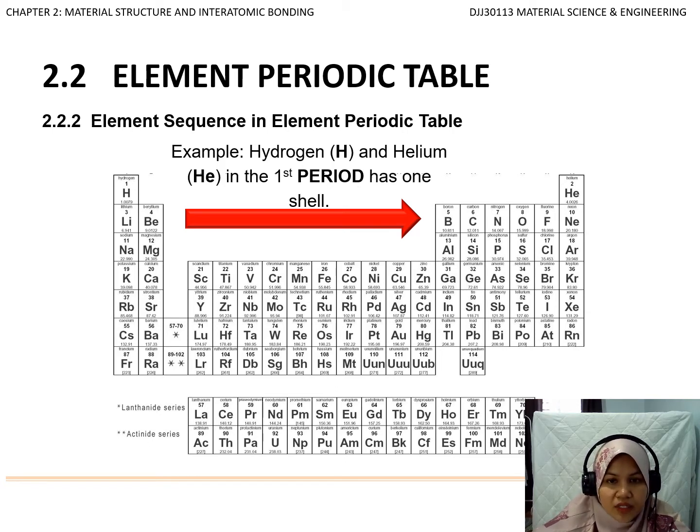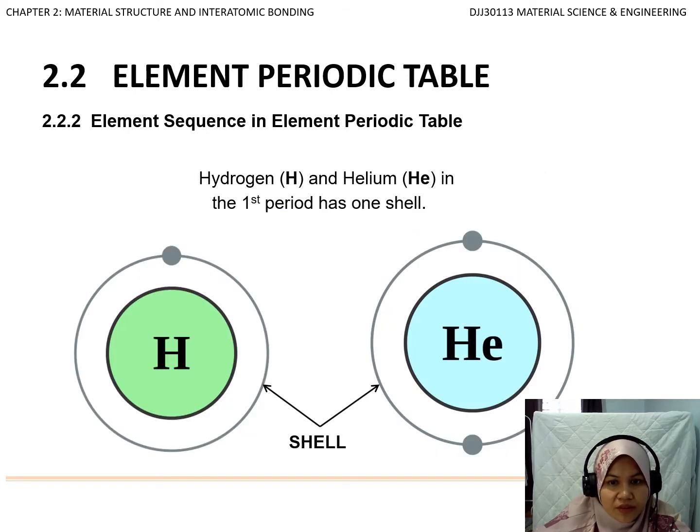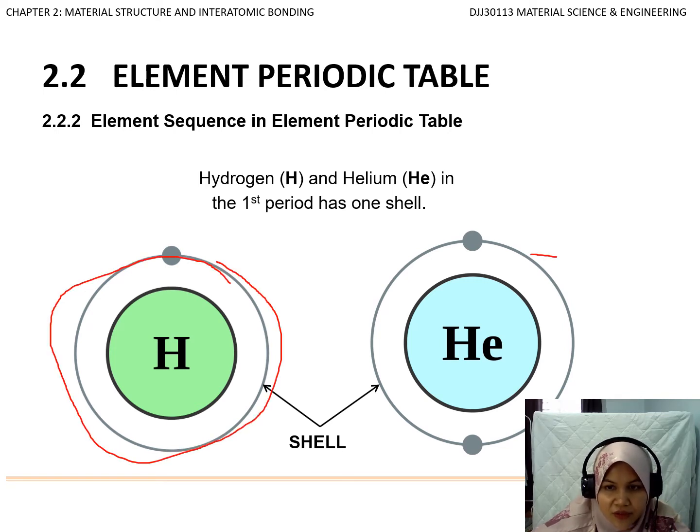Hydrogen dan helium berada pada first period because it has one shell. Dia ada satu sahaja shell. This is shell lah. One shell only.